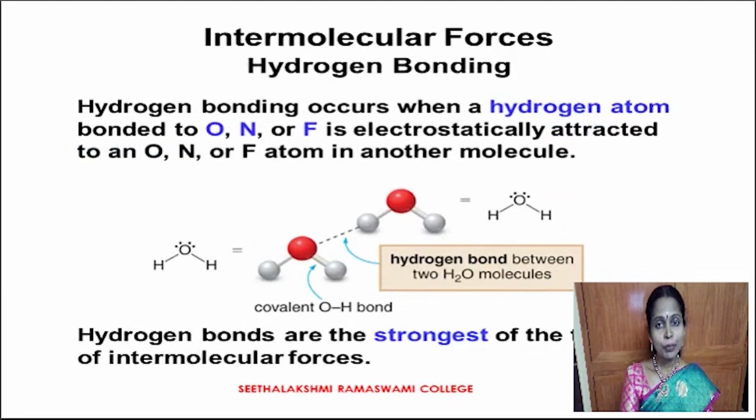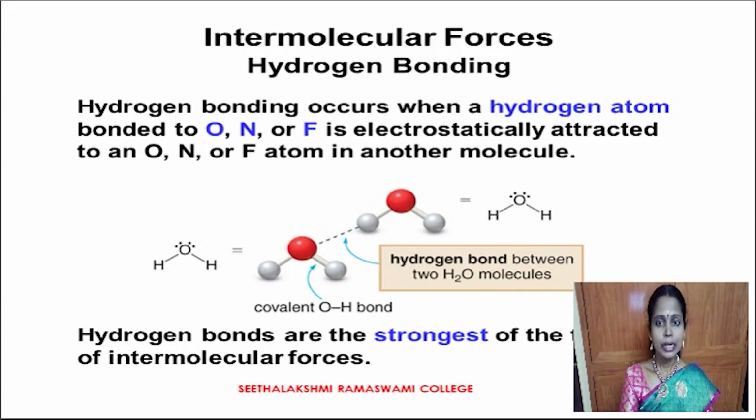The third type of intermolecular force is called hydrogen bonding, and it occurs when a hydrogen bonded to oxygen, nitrogen or fluorine is electrostatically attracted to an oxygen, nitrogen or fluorine atom in another molecule. So in this slide, we see two water molecules. The red balls represent the oxygen atom and the white balls represent the hydrogen atom.